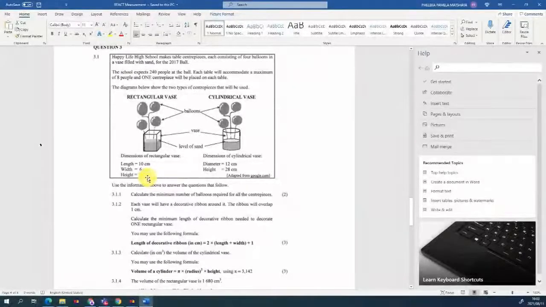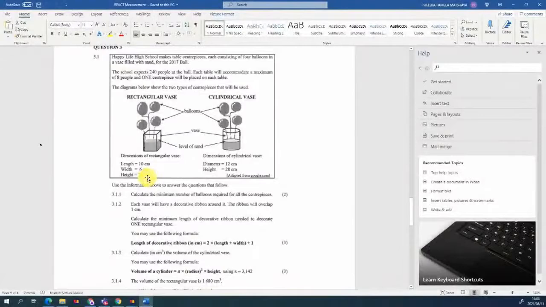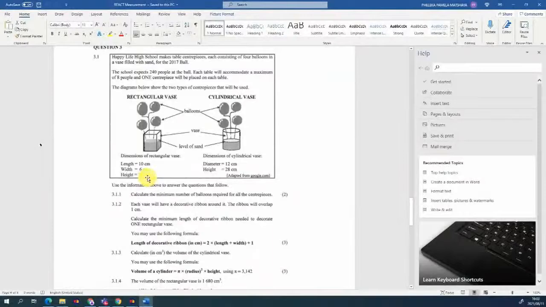Each table will accommodate a maximum of 8 people, and 1 centerpiece will be placed in the middle. Here are the dimensions of the centerpiece. The one is a rectangular vase, length 10 centimeter, width 6 centimeter, height 28 centimeter. The other one is a cylindrical vase, diameter 12 centimeter and height 28 centimeter. Now use the information above to answer the questions that follow.